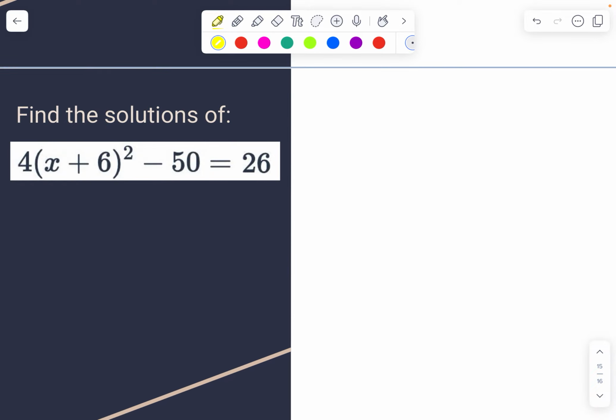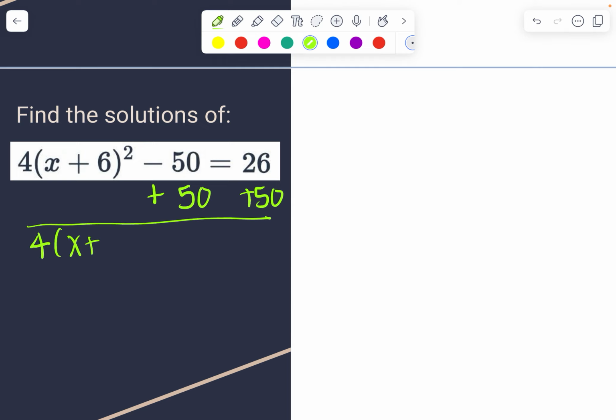All right, one more here. We'll start by adding 50. And we have 4 times x plus 6 quantity squared equals 76. Dividing by 4, we get x plus 6 quantity squared equals 19.